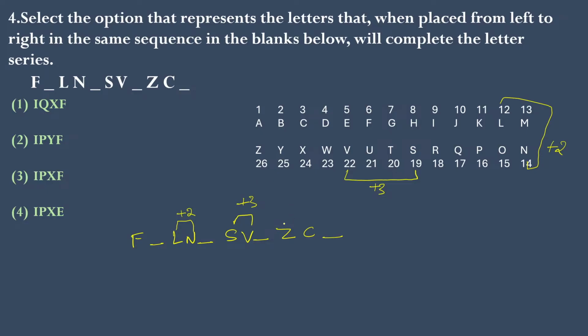A, B, C, plus 3. And if you see that in all the options, the first alphabet is I. So just fill with I. Here, the distance from F to I is plus 3.